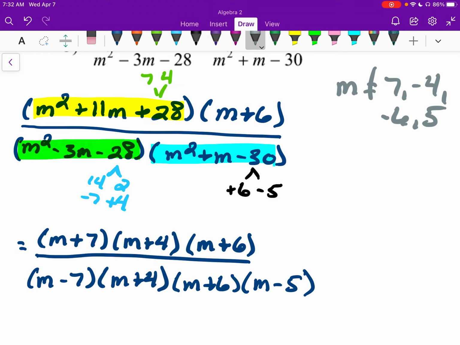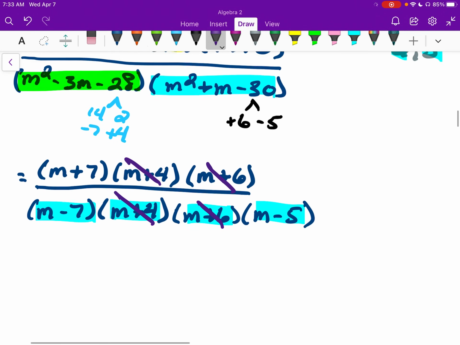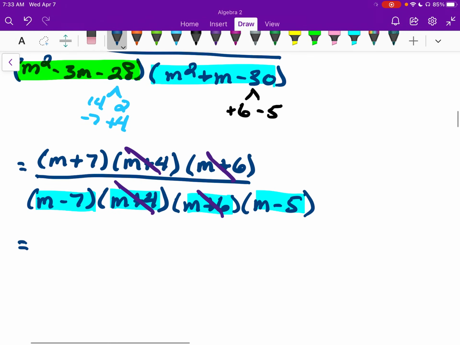And a good way to check yourself really quickly is we have 4 sets of parentheses on the bottom, so we will have 4 different pieces there. All right, that's a good way to check yourself. So now we can cancel some things. We'll have the plus 4 and the plus 4 that cancels, the 6 and the 6 that cancels, and now we can rewrite it. This will be m plus 7 on top, and we don't need the parentheses because it's all on its own.